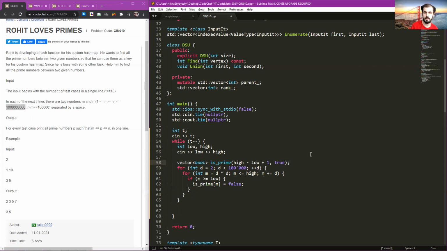We can make the Eratosthenes sieve for small prime divisors. Each such number will have a prime divisor which is at most 100,000. Then we just check. No, we again make some sort of sieve. But here we only want to do it if D is prime itself, because otherwise it's too much work.